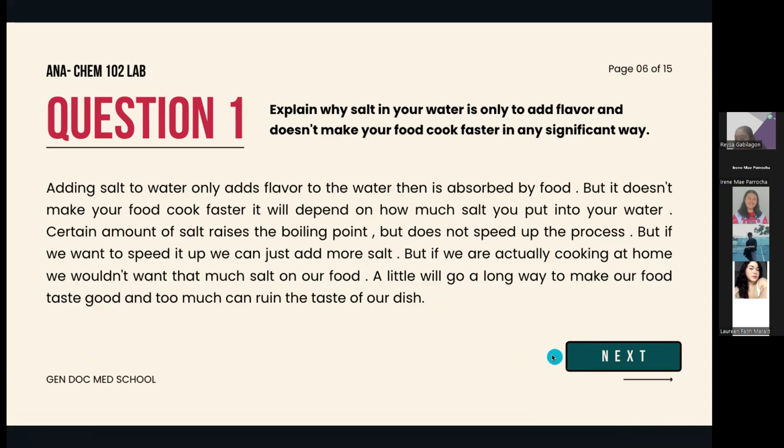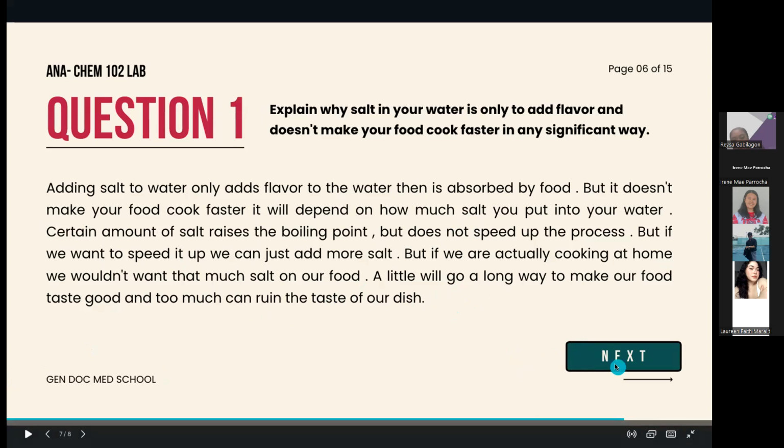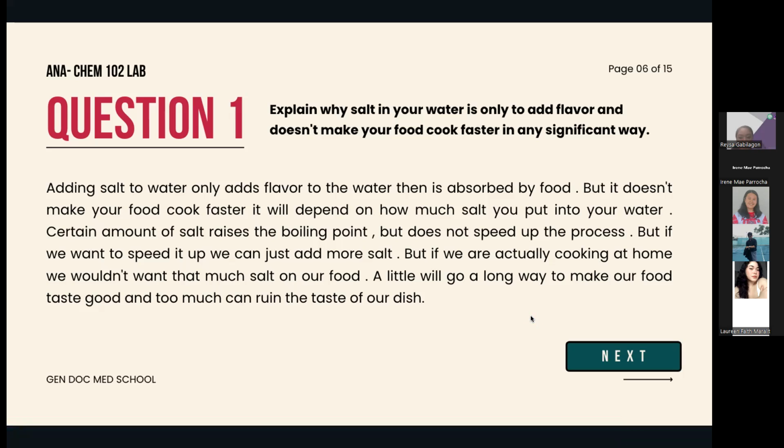Again, in the presence of too much salt. But it has no direct effect with that of the rate of cooking. Okay? So again, both condiment and solute lang siya, pwede niyang ma-increase yung boiling point. Walang question for activity number 1.